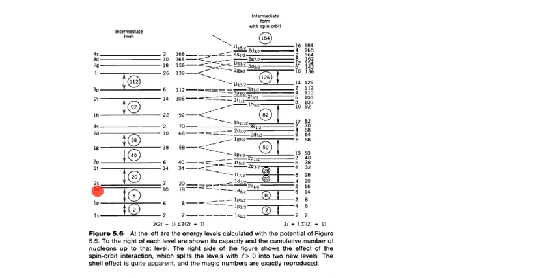Here see, before splitting, 1d was lower and 2s was higher in energy than 1d, but here you see on splitting the energy levels have shifted upwards, so that here this d3 by 2 is higher in energy than 2s half state.